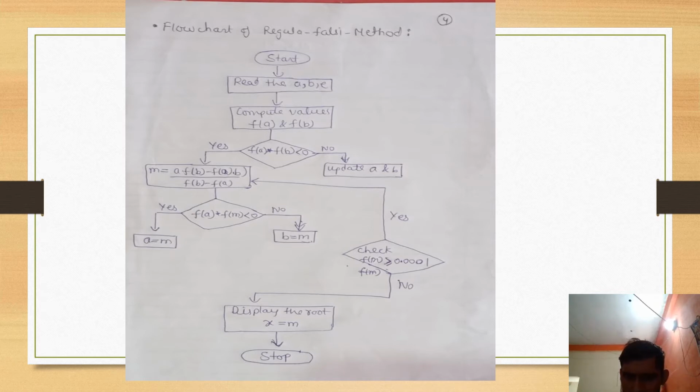After that, check if the absolute value of f of m is greater than or equal to 0.001. If this is true, then we have to find the value of m again. If this is false, display the value of the root x equal to m. And after that we stop.